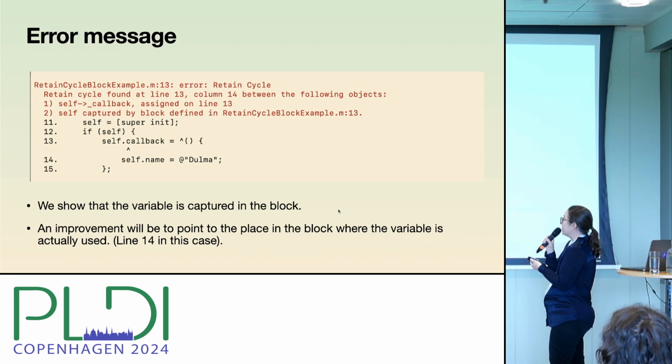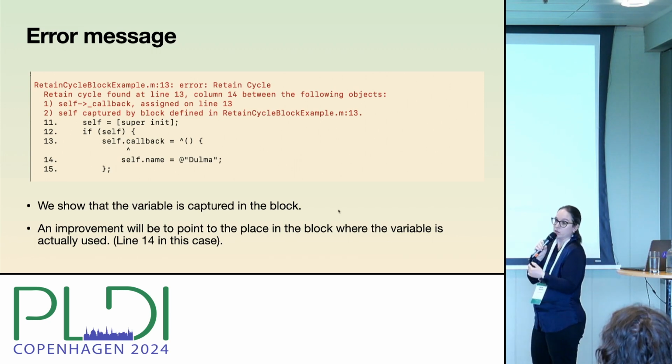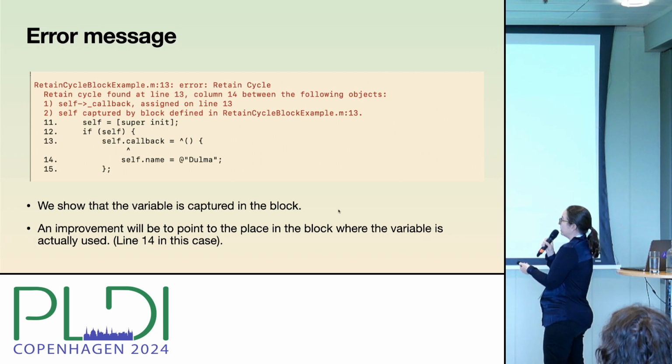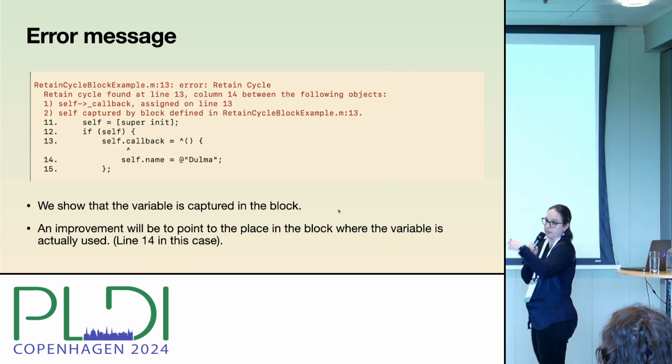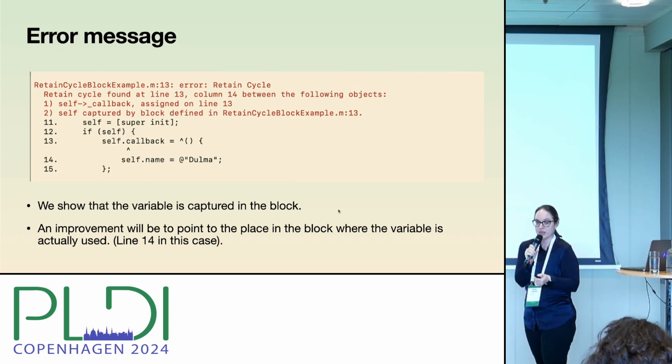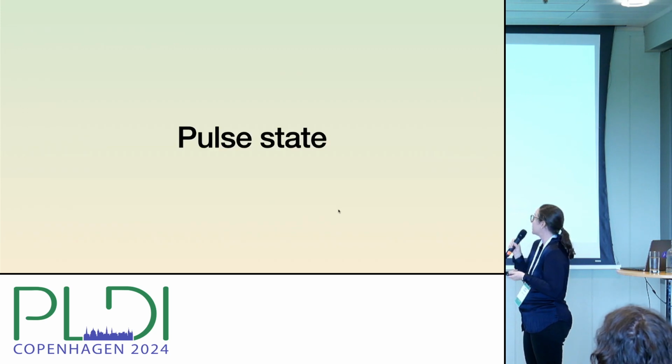One thing that can be improved later is that we say precisely where the variable is captured. At the moment we say it's captured by the block, but it could be more meaningful if we say it's captured here, line 14, because otherwise they need to look through the whole block to see where self is actually used. But that's something to improve for later.